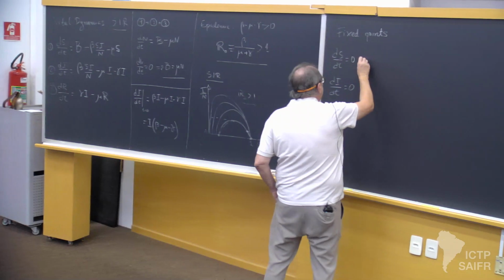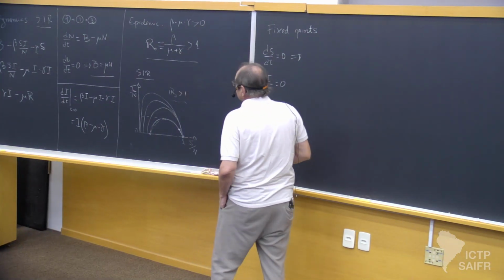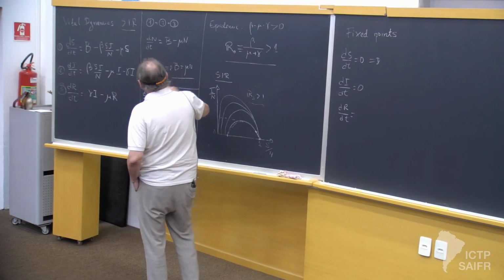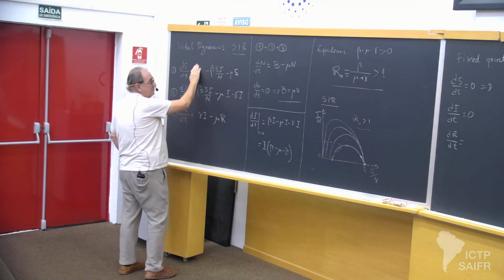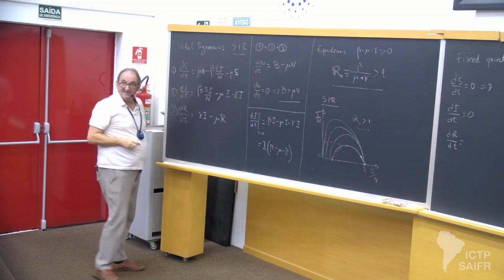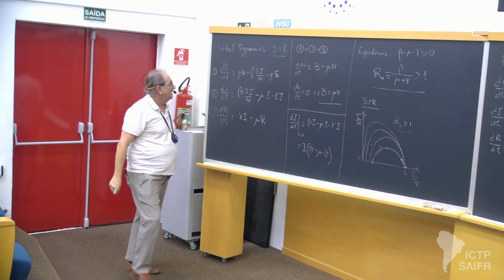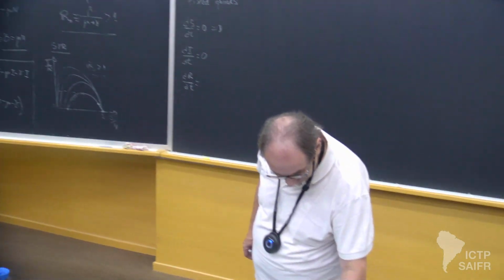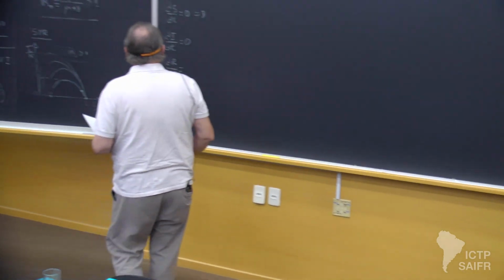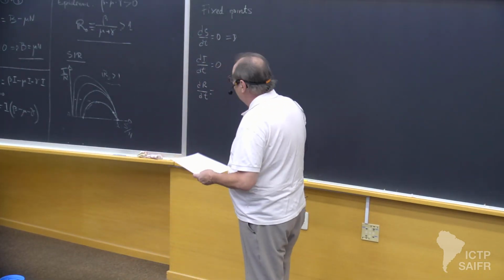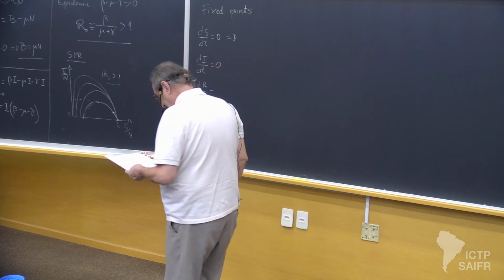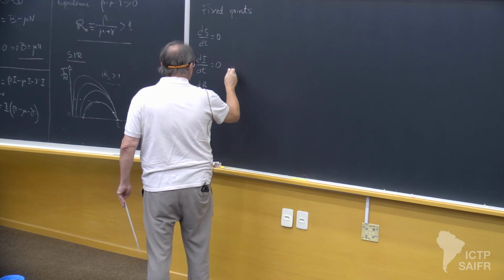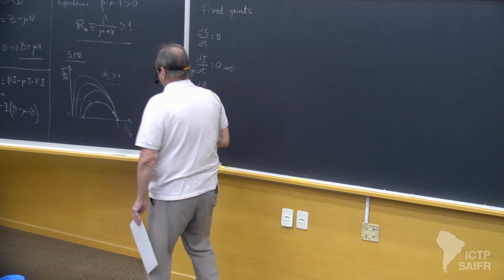So, but now the dS/dt equal to 0 is... okay. Let me modify this already and put this equal to mu times N. Remember, that was our thing here. And now I can find this fixed point. I want to do the I equal to, analogous to the previous thing.